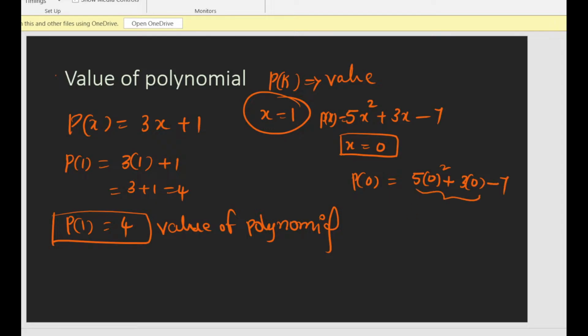So these all are 0 only. So 0 minus 7 is minus 7. So the p of 0 value is minus 7. This one we call the value of polynomial. I hope you are understanding.